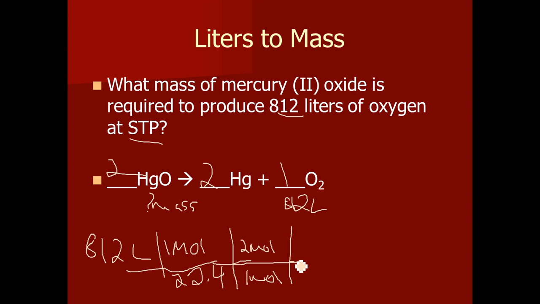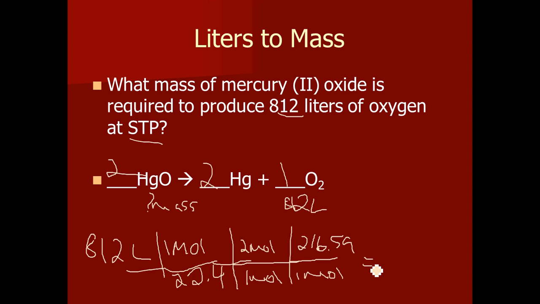And then the last step, I have to figure out, how much does HgO weigh? Let's see. Mercury is 200.59, oxygen is 16. So 216.59 over 1 mole, equals sign.